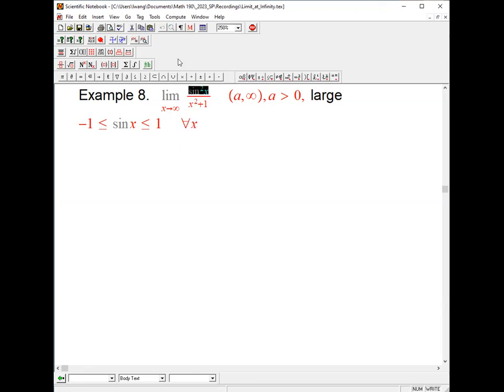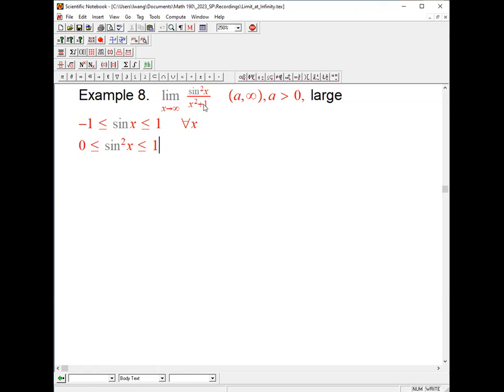But when we square it, sine squared x is between 0 and 1.